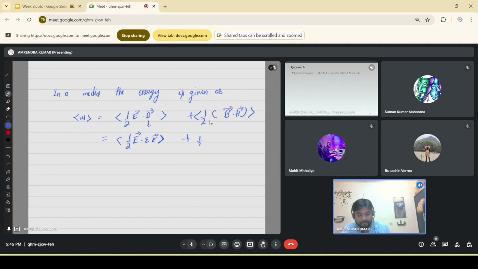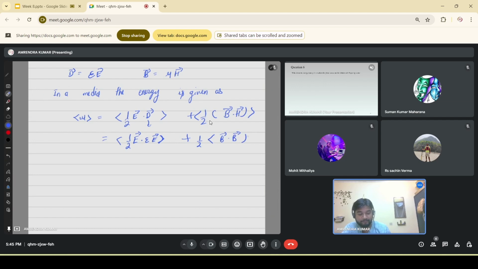You can take it out because it's a constant. It's a B. But we know that B is proportional to mu H in the media, and similarly this D is proportional to epsilon E. So you can write this like this.